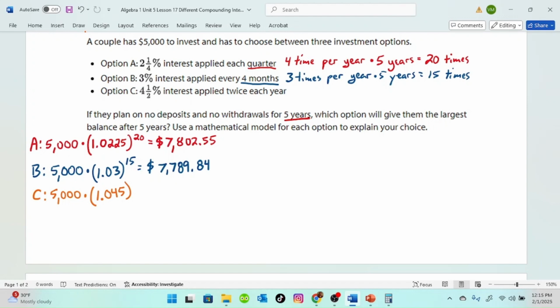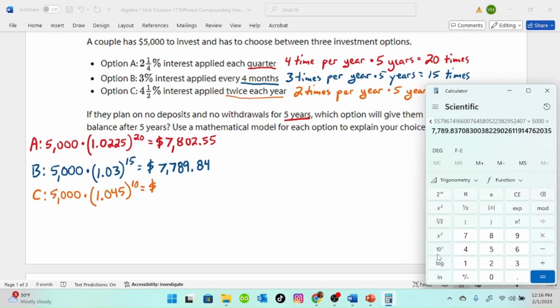This is being applied twice each year, so that's 2 times per year, times 5 years, for a total of 10 times. So our exponent is going to be 10.